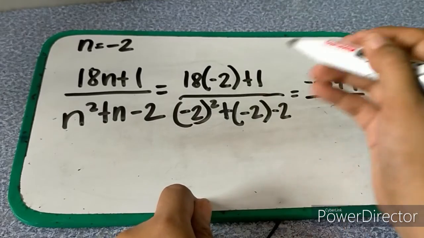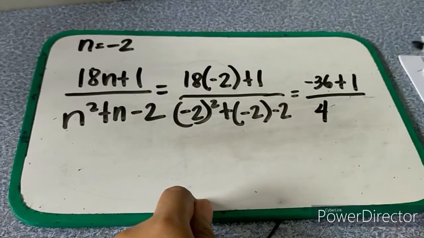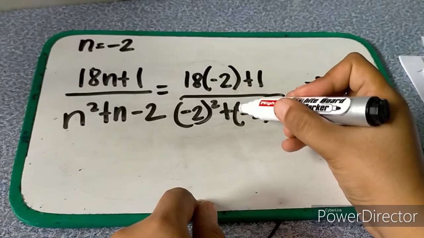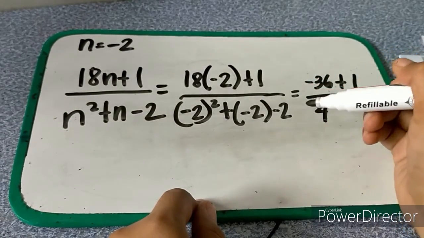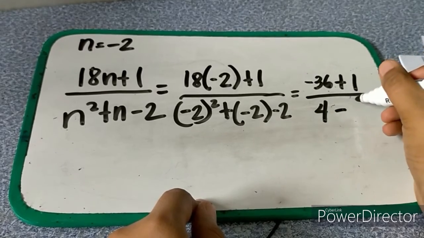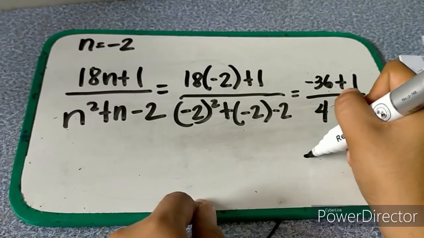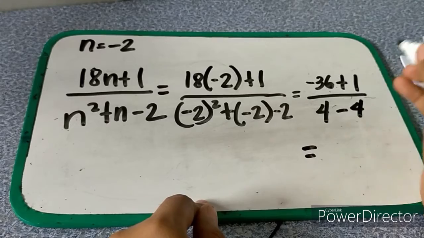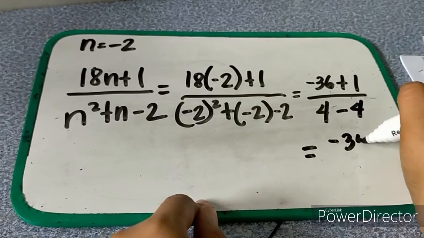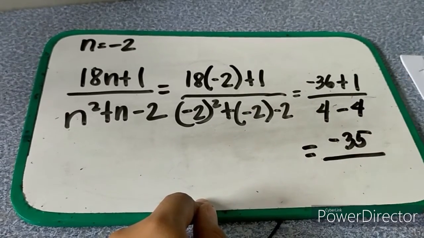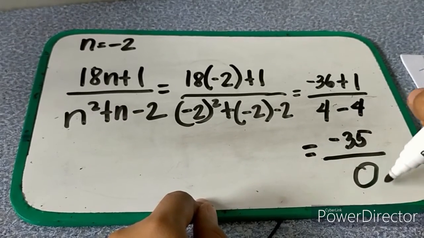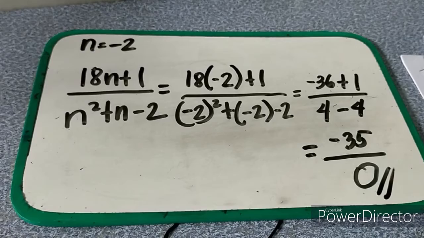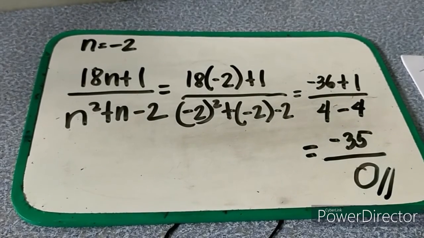You multiply it by itself, so it will be positive 4 plus negative 2 minus 2 is negative 4. Then, negative 36 plus 1 is negative 35 over 4 minus 4 is 0. So, tama nga na ang negative 2 ay excluded value of this expression.